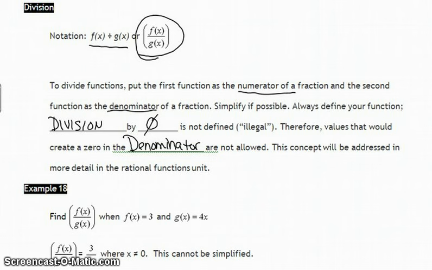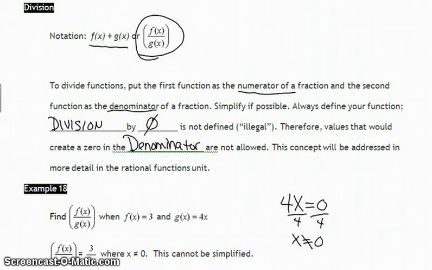In this case, it's already simplified, so I don't need to do anything, and I just need to determine what's going to cause a zero in the denominator. And to do that, we take the denominator of 4x, set it equal to 0, and solve for x. So this tells me x cannot be 0, because that will give me a 0 denominator, and that is illegal.